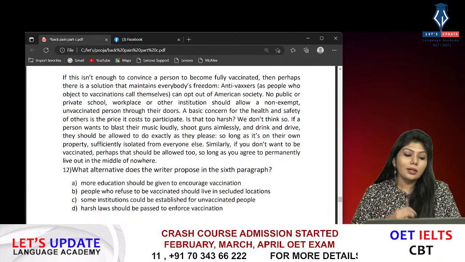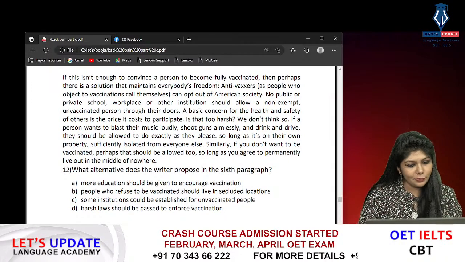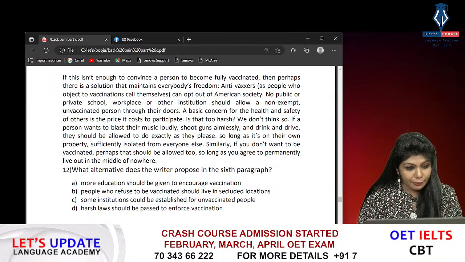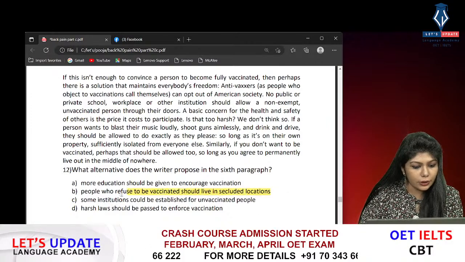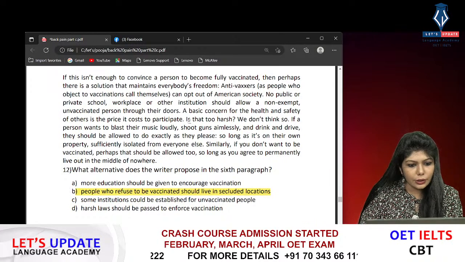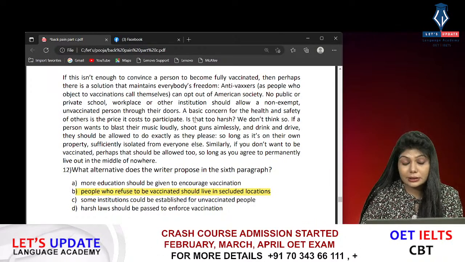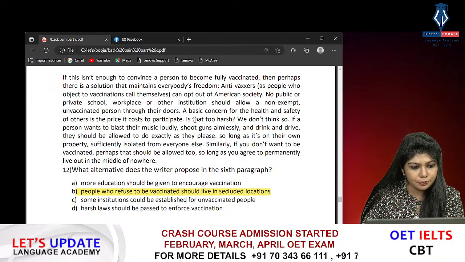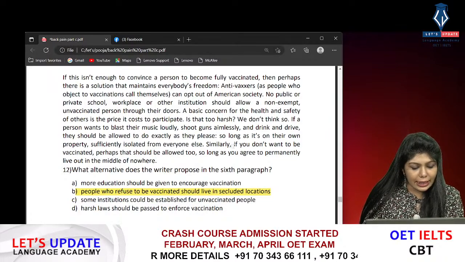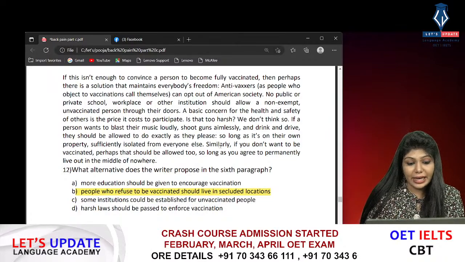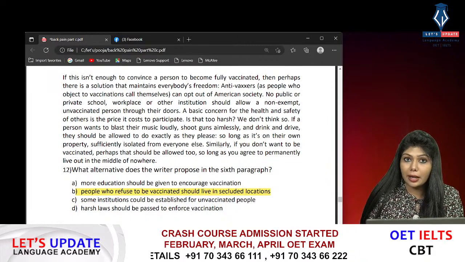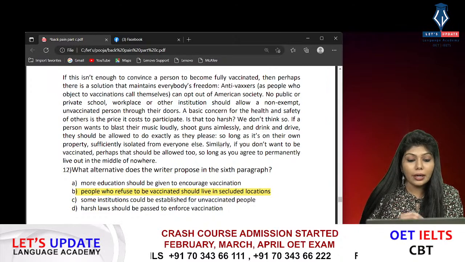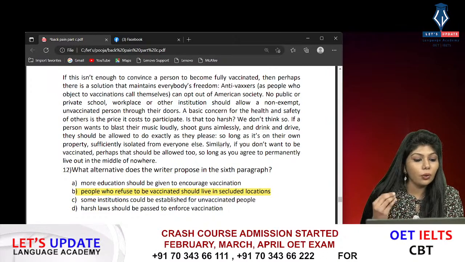Okay, so the correct answer should be B. That is, people who refuse to be vaccinated should live in secluded locations. And the reason why it is B is that towards the end of the paragraph, they have mentioned if you don't want to be vaccinated, perhaps that should be allowed so long as you agree to permanently live out in the middle of nowhere.